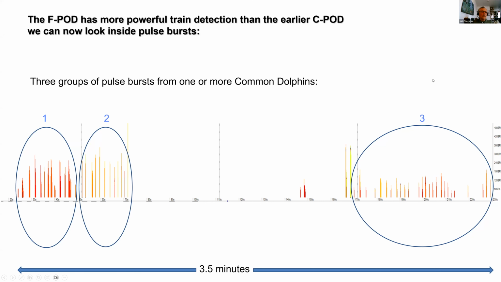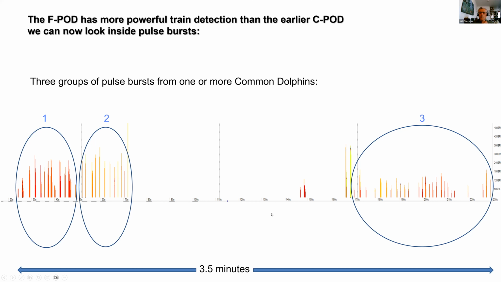So this is data from about a mile from where I'm sitting, and about a quarter of a mile from the coast, in about 50 meters of water. And the most likely species there is common dolphins.